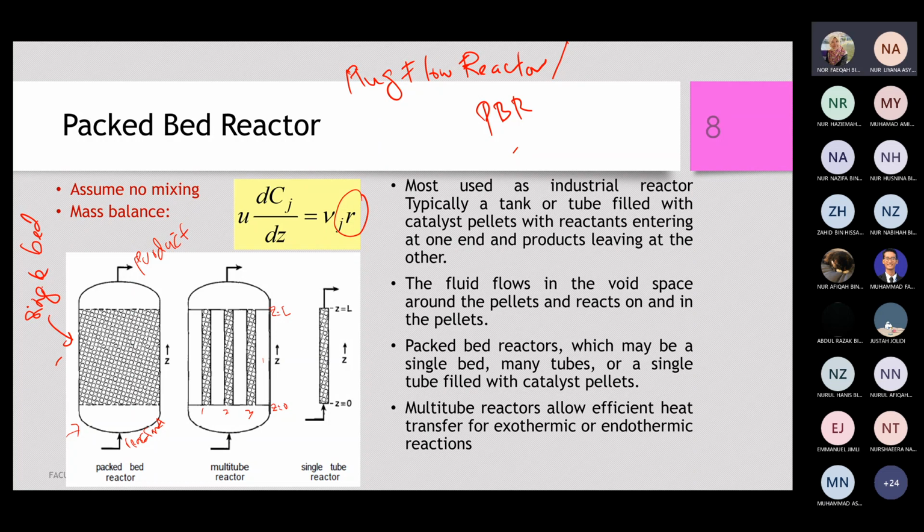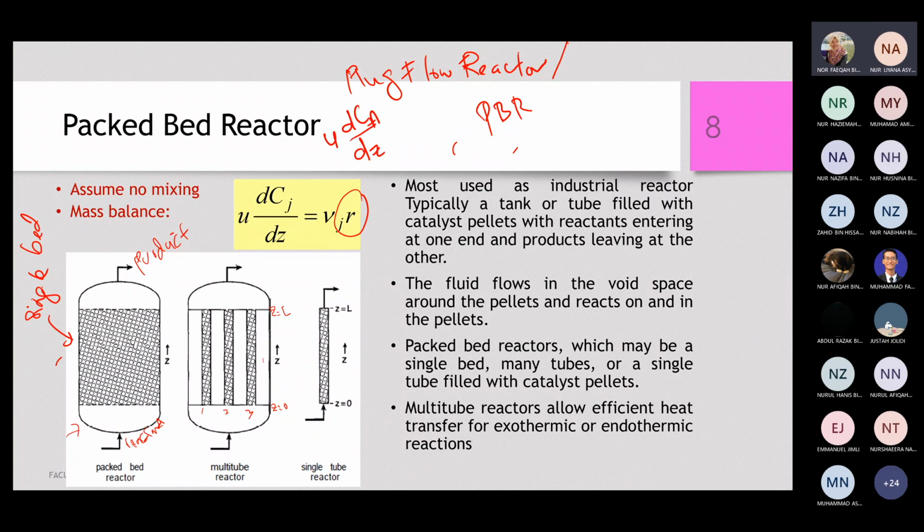And usually we can, and actually V is not a volumetric flow rate, but actually the equation is U dCA over dZ.